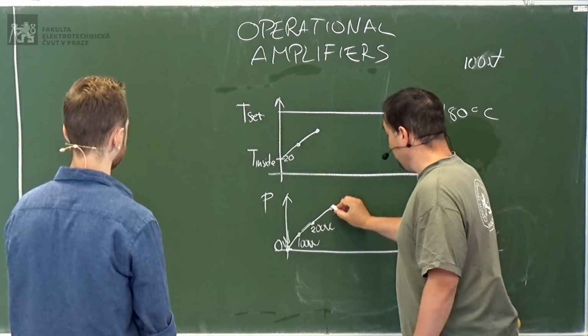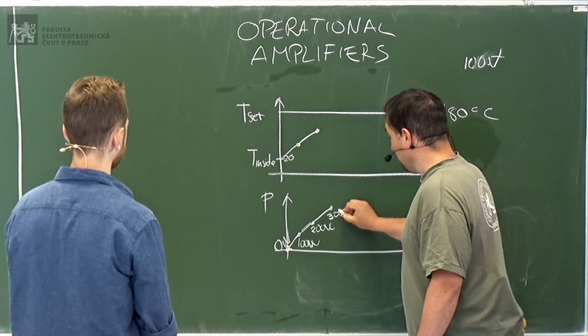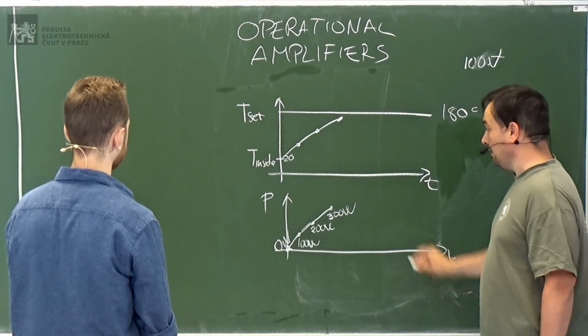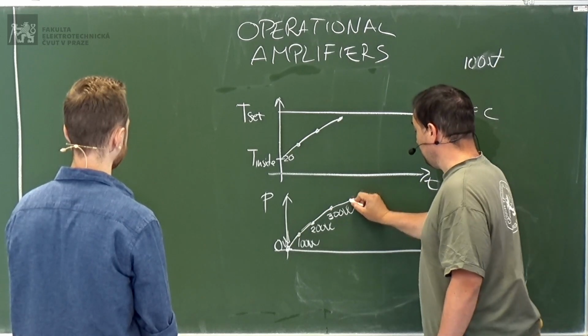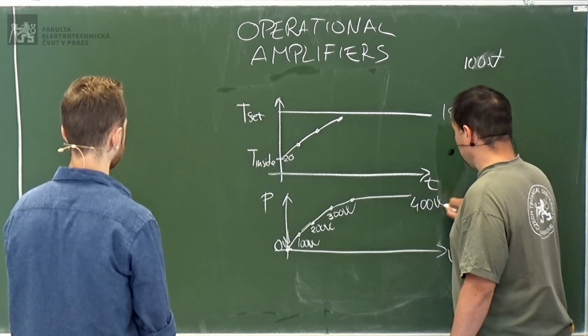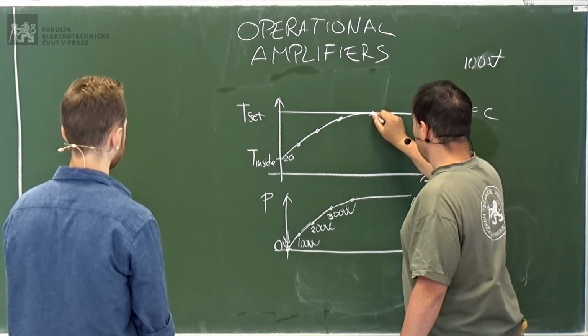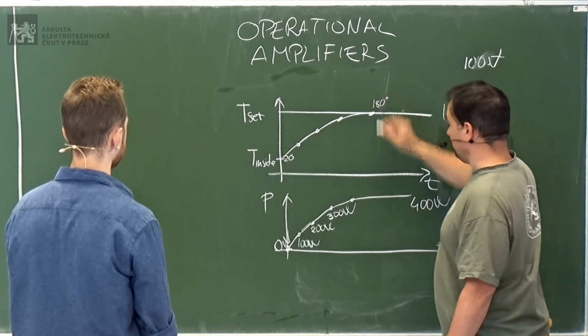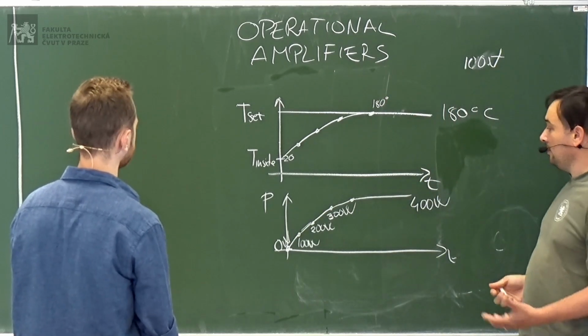Then it will increase the power to 300 watts. The temperature increases, and then finally you arrive at 400 watts, and the temperature will be 180 degrees inside, okay? So this is the point.